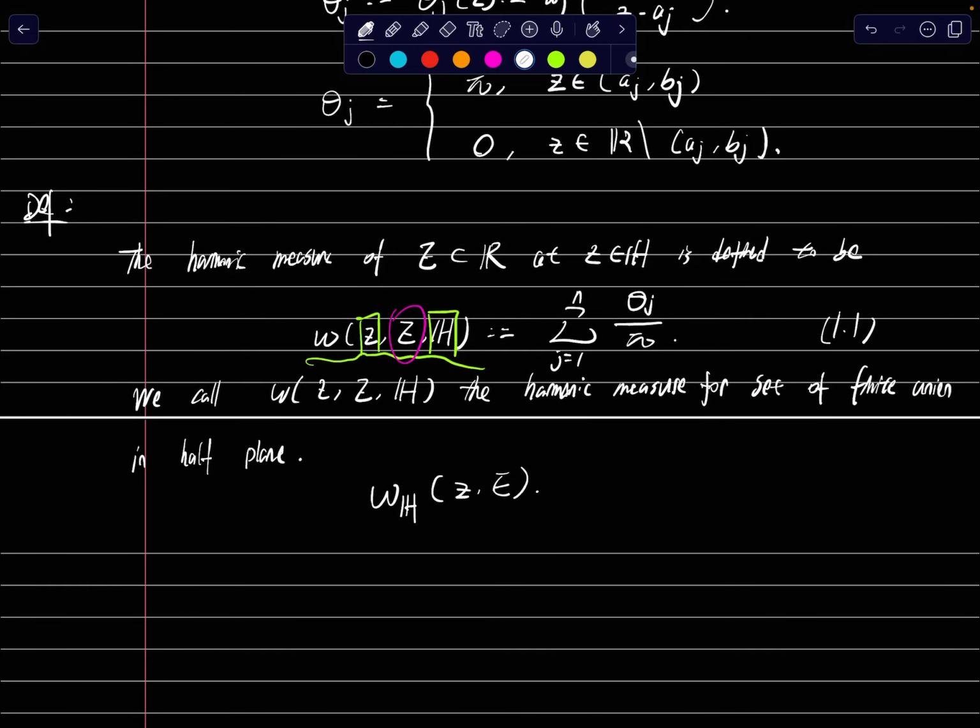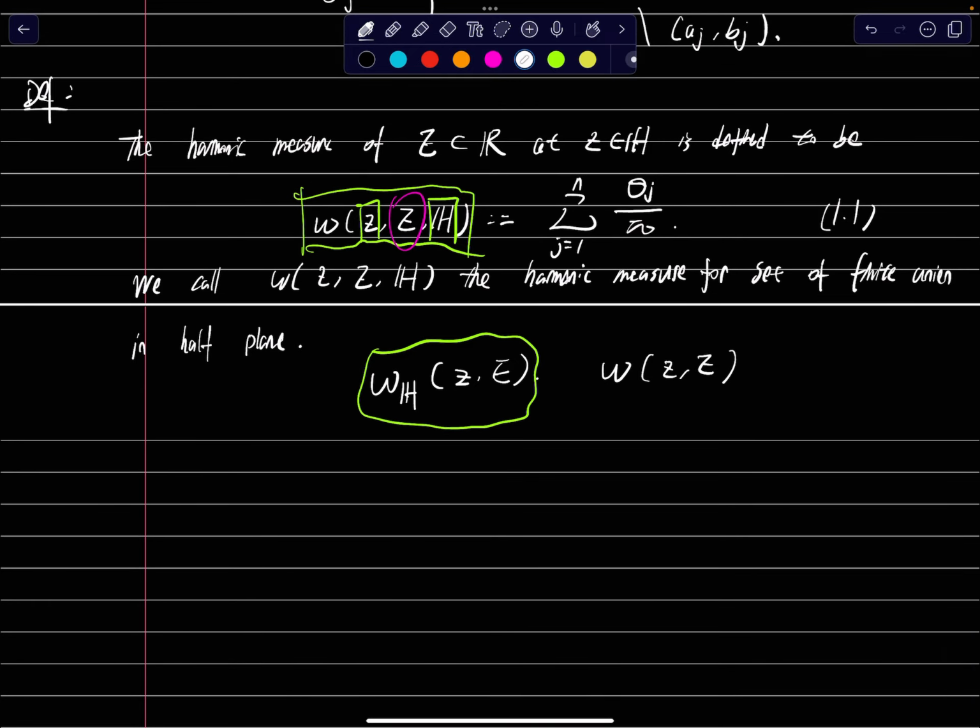And when the underlying domain raises no confusion, we shall also denote it by omega(z, E). But just to be precise, we shall always denote it by either omega(H, z, E) or in this form, because we do not want to risk raising any confusion.